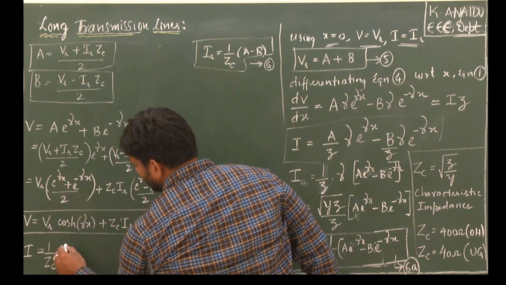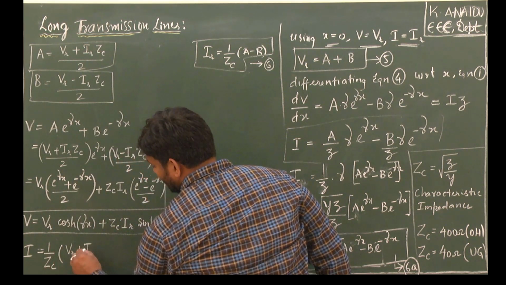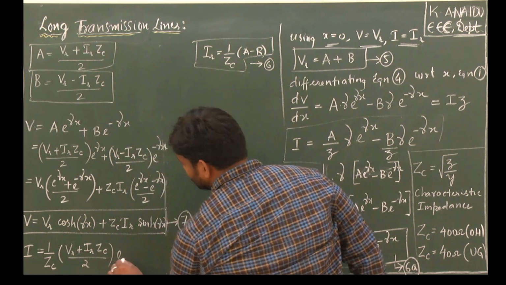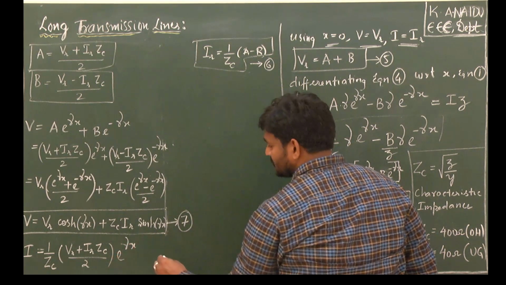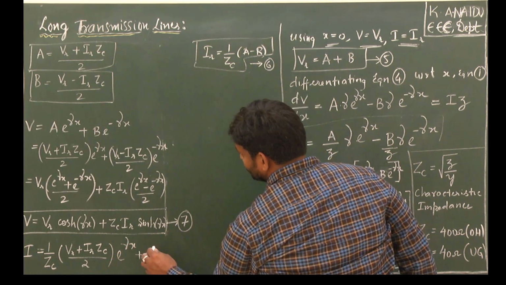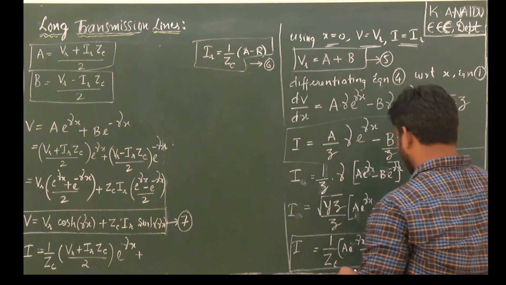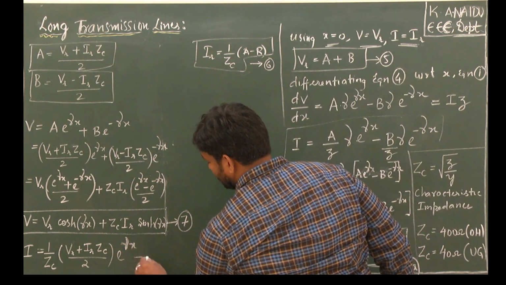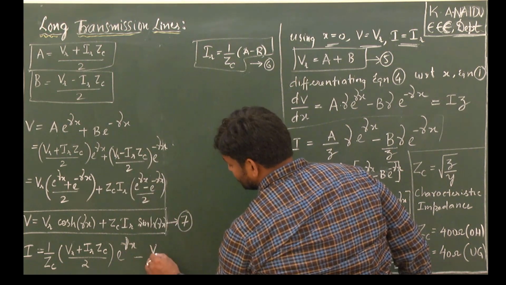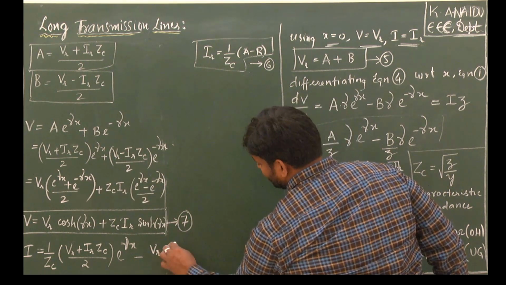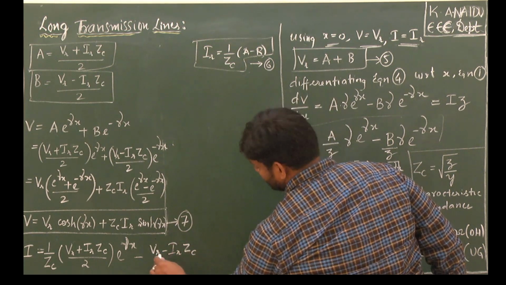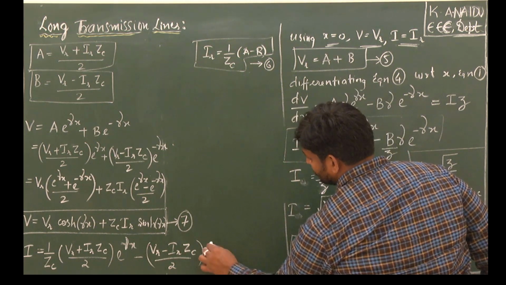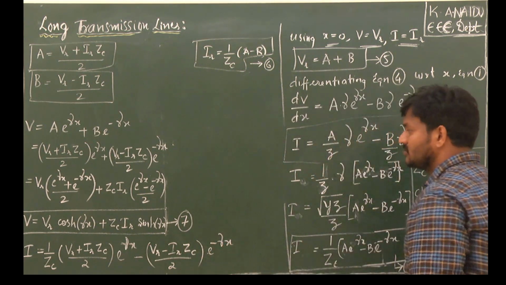A is (VR plus IR ZC) by 2 into e power gamma x, minus B e power minus gamma x. So it is minus B. What is B? (VR minus IR ZC) by 2 into e power minus gamma x. So what do you get?